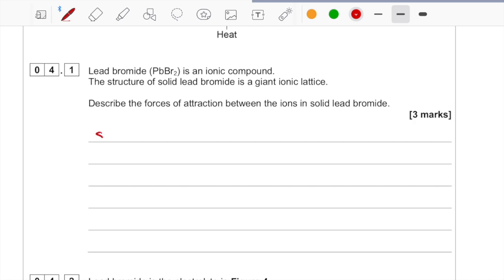There are strong electrostatic, you must use that word, forces of attraction. They've already used the phrase forces of attraction, so you have to build on that and make it clear that they are electrostatic forces of attraction.